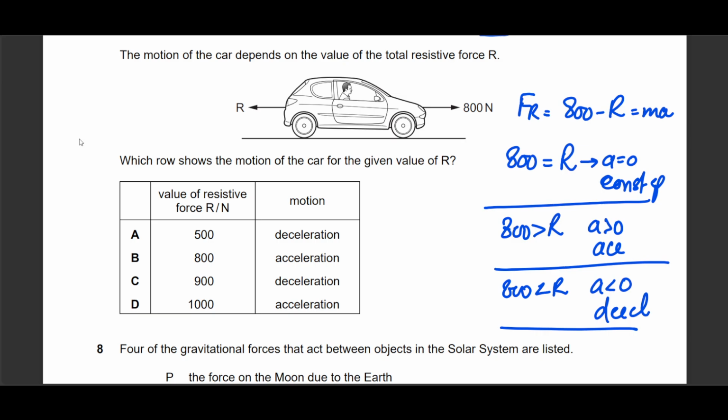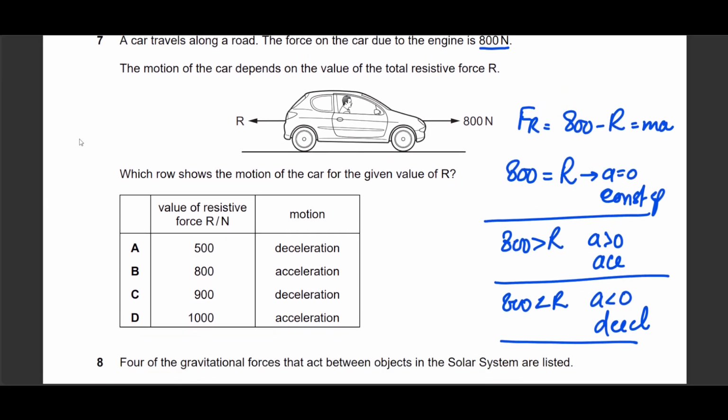So we can see very clearly over here that if R is 500, then the forward force is greater. It should have been acceleration. So this is the wrong answer. If it had been B, let's say if it was 800 newtons, then both forces are equal to each other. It should have produced no acceleration or deceleration. Option C says 900 in the backward direction, which is again R being greater than the forward force.